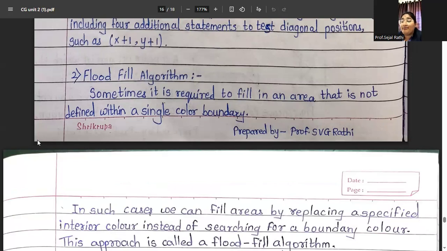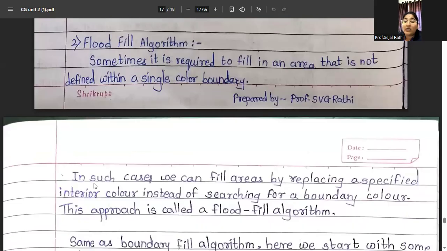So in such cases we can fill that areas by replacing a specified interior color instead of searching for the boundary color, and this approach is called as the flood fill algorithm. सो आता आपल्याला इथे जे बाउंड्री पिक्सेल शोधत होतो तसं आपल्याला बाउंड्री पिक्सेल न शोधता मध्ये जे पिक्सेल आहे आपल्याला ते शोधायचं आहे, आणि याच अप्रोचला आपण काय म्हणतो फ्लड फिल algorithm.